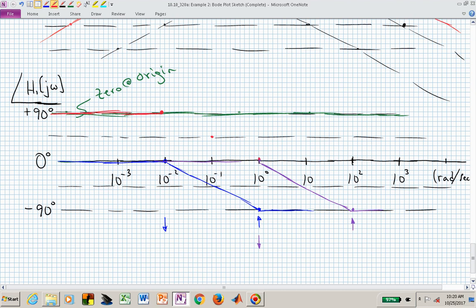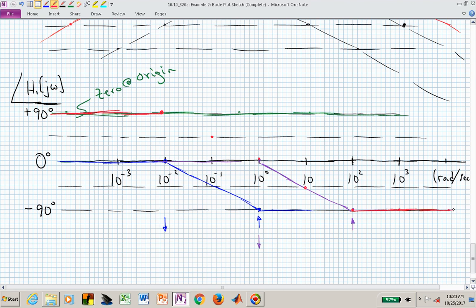That particular pole, its phase contribution stops, but then a new pole's phase contribution kicks in, and we now just follow that particular phase all the way down and then it stops, and we just go flat from there on after.